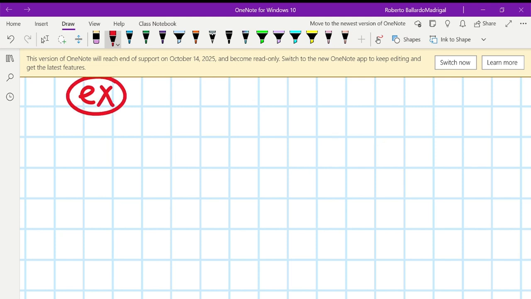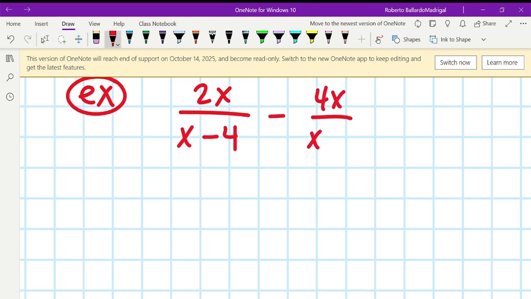Two x over x minus 4 minus 4x over x plus 3. All right, so copy this down, and then we're going to talk about the LCD.